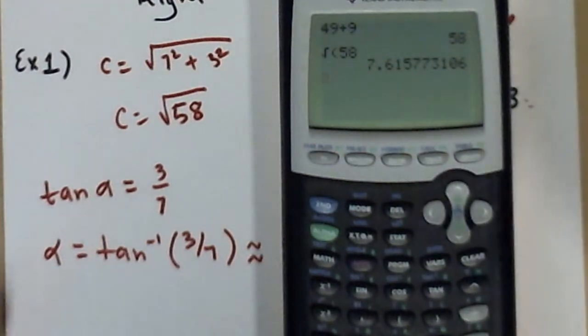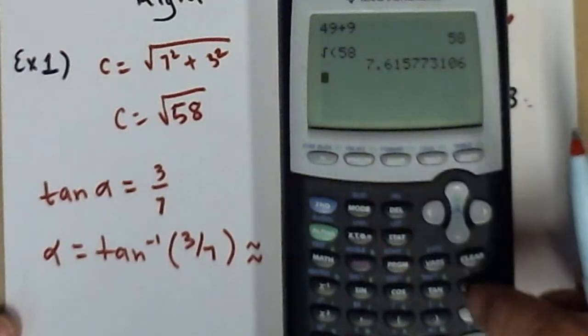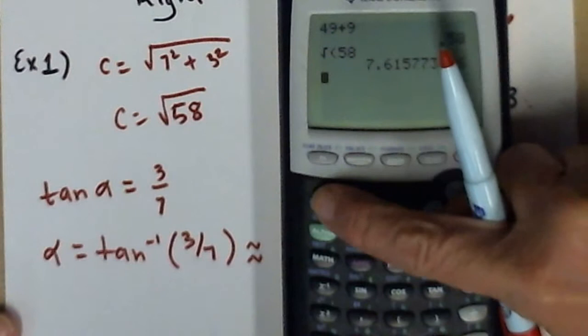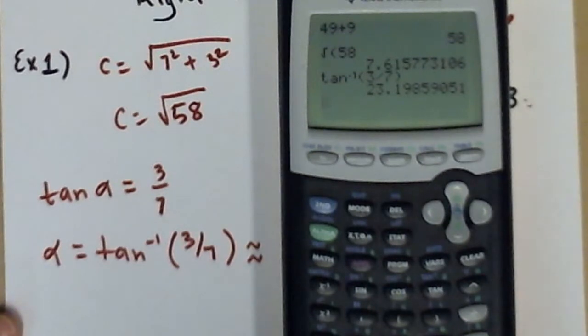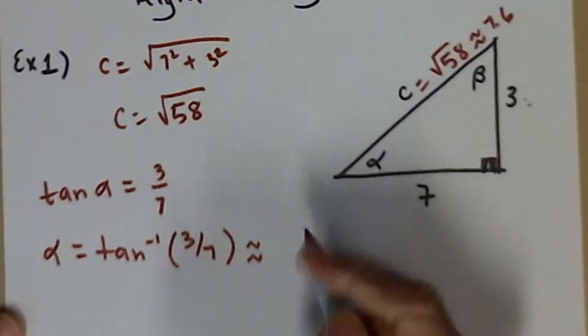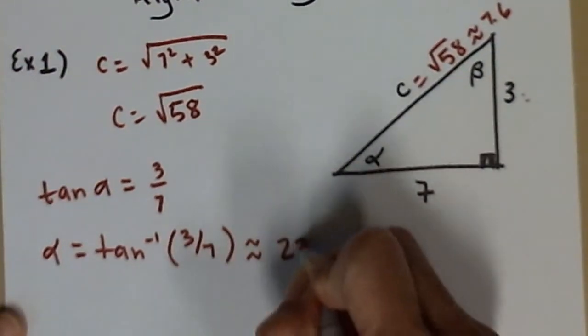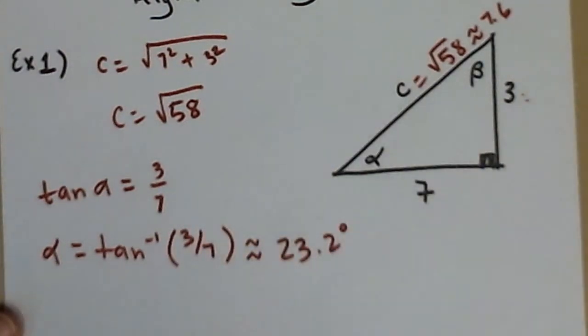So I happen to know my calculator is in degree mode. You can change it right here with the mode key. But mine's okay, so I'm going to go ahead and inverse tangent and then punch in my ratio. And that one rounds really nicely to 23.2, it looks like. So alpha is 23.2 degrees.